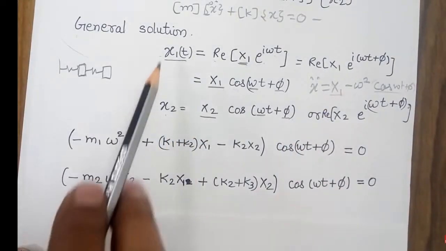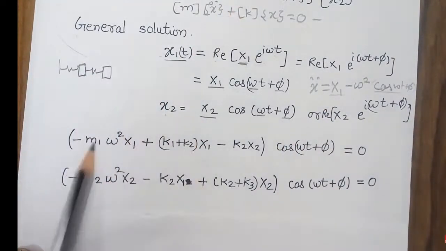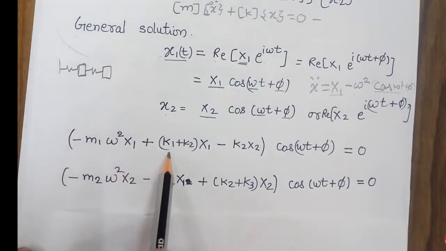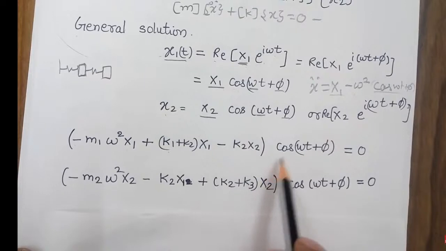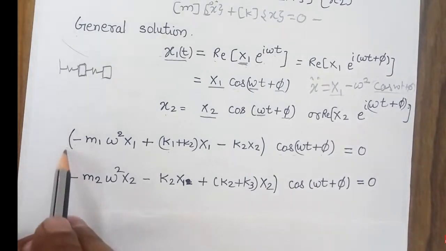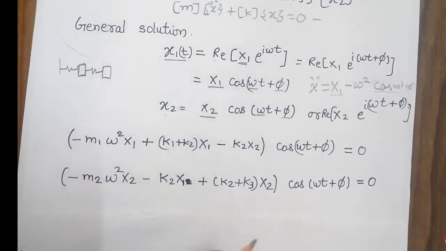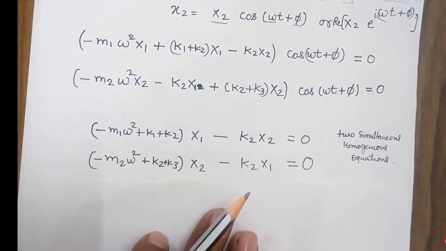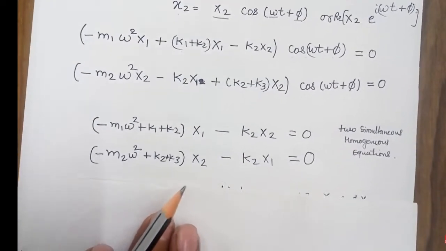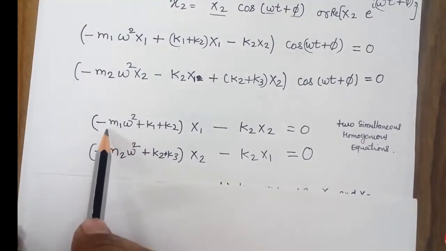In that fashion, when I put this general solution into my governing equation, I will get this expression where I am having minus m1 omega square x1, k1, k2 x1, and I am taking out this cos(omega t plus phi) from this expression. Similarly, for the second mass, I will get this equation. So finally, when I rearrange the equation and take out x1 and x2 common, I will get these two equations.